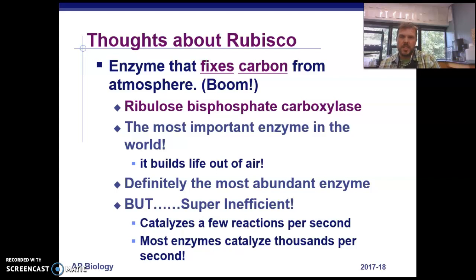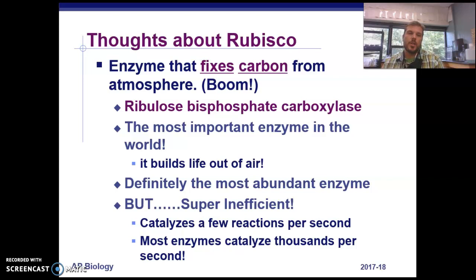It's probably, well, definitely the most abundant enzyme, but one of the reasons it has to be so abundant is that it is also one of the least efficient enzymes that there is. It only catalyzes a few reactions per second, which on the molecular scale is slower than molasses, as my father would say.